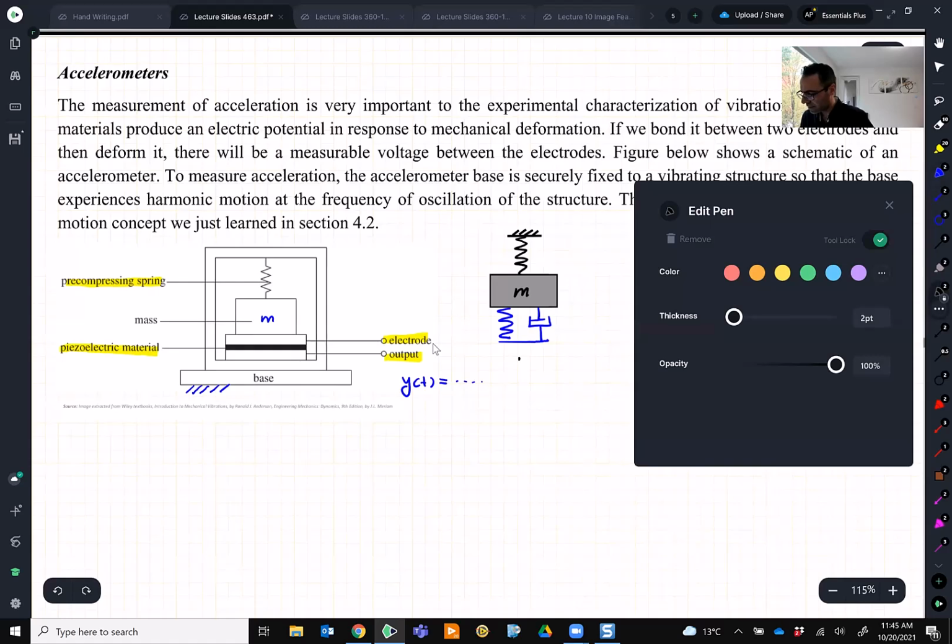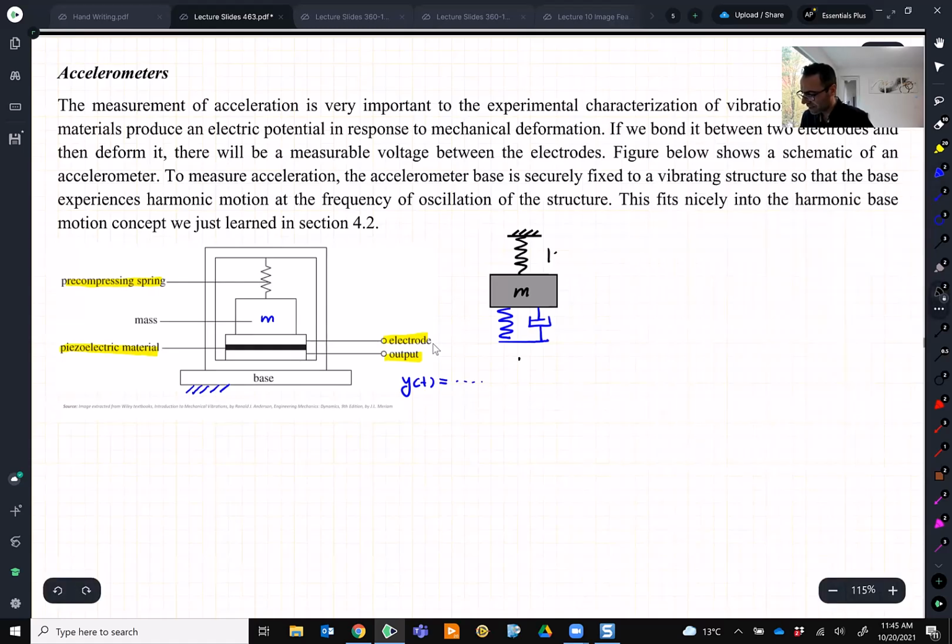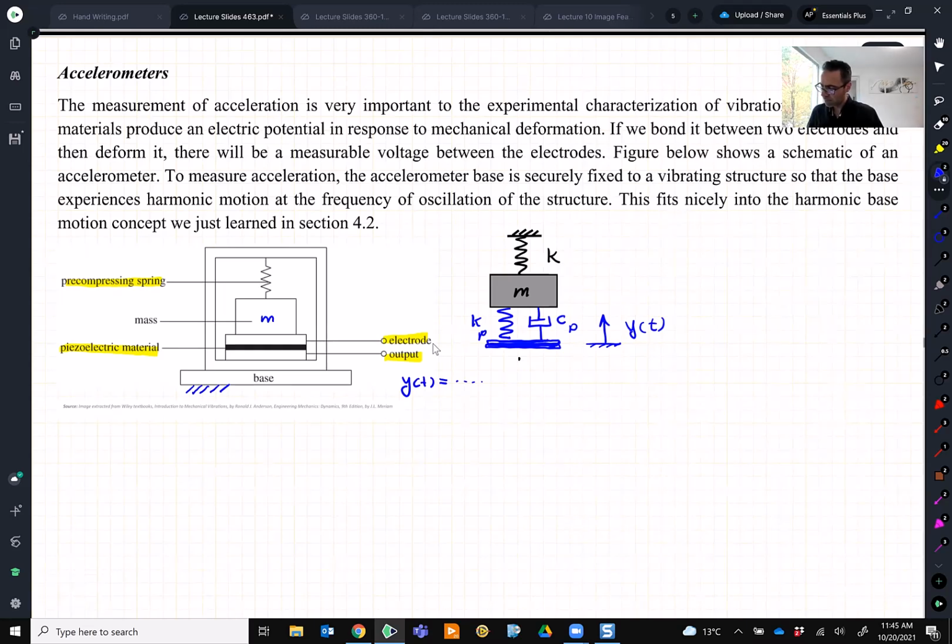So let's say this is K, and now this is K of piezoelectric and C of piezoelectric. And this is our base vibration, y(t). All right. So this y(t) and this is K.